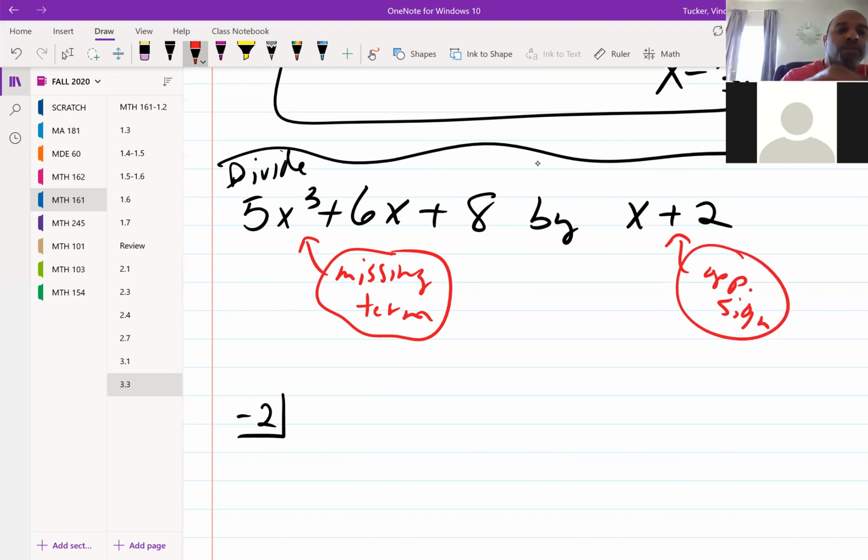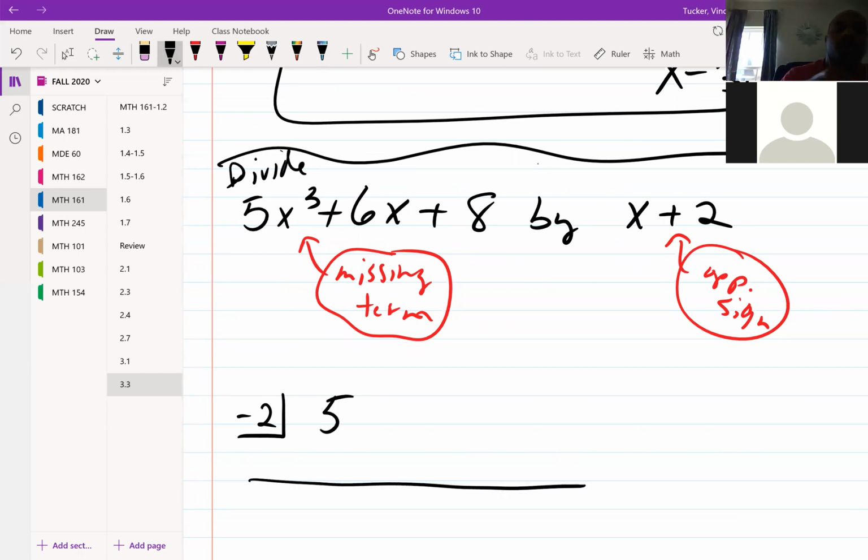And then when we go to use our coefficients, we have 5, and what's missing is x squared, so we'll use 0. Then plus 6, just 6. And then 8.